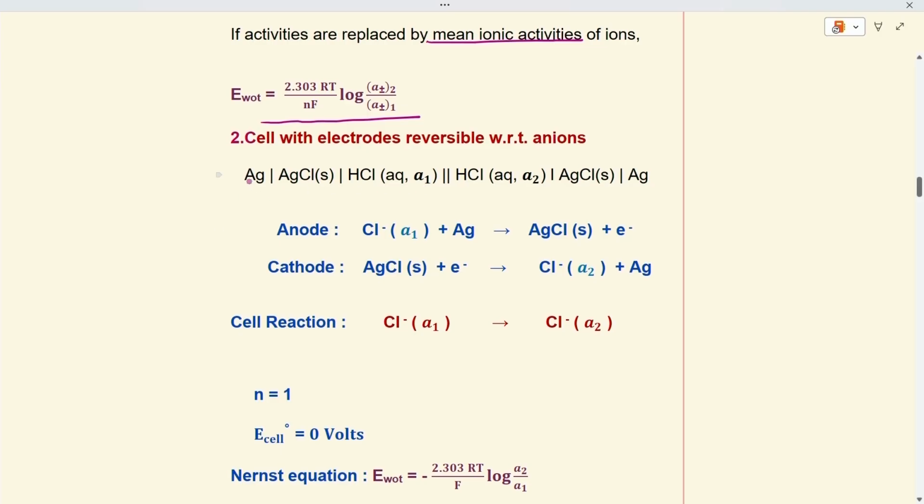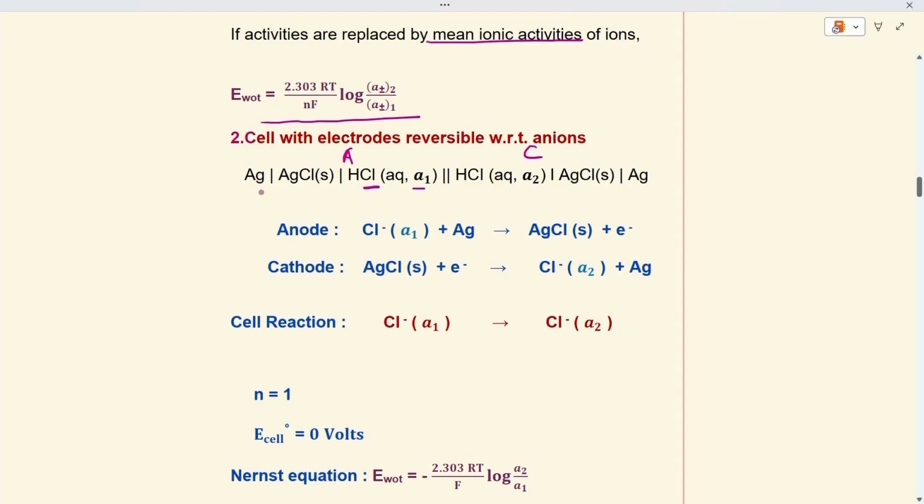This forms a metal, insoluble salt, in contact with an electrolytic solution containing the anion of the salt. The anion is chloride, so we have HCl here. The activity is A1 and this forms the anode, and the cathode is again HCl of activity A2 in contact with a paste of silver chloride and silver.